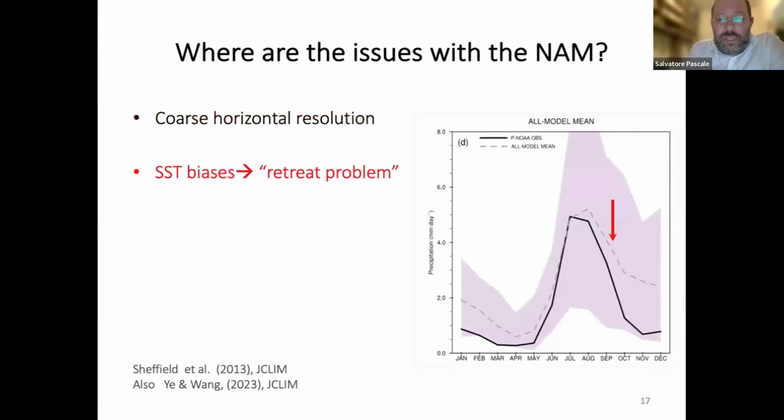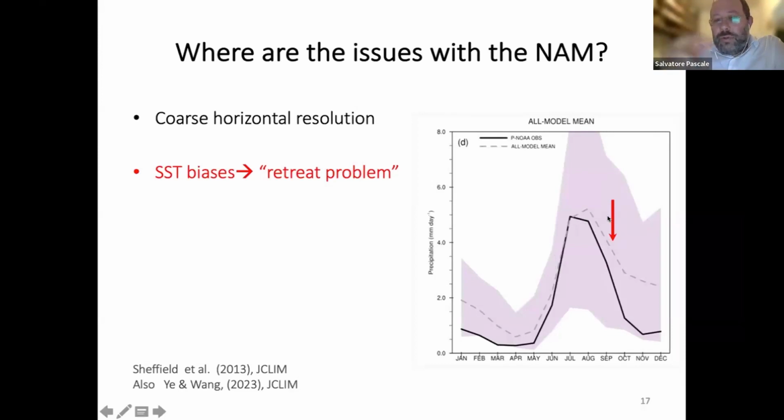The second source of problems comes from sea surface temperature biases. As you know, coupled models develop errors in the simulation of sea surface temperatures, and these biases are transmitted to the circulation of the atmosphere and seem to cause what is called the retreat problem of the North American monsoon. What you see here is a comparison between the models and observations for the monsoon signal.